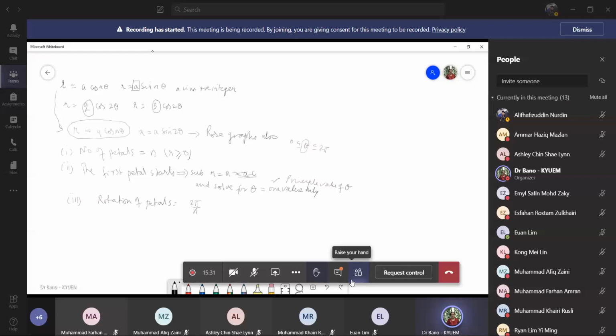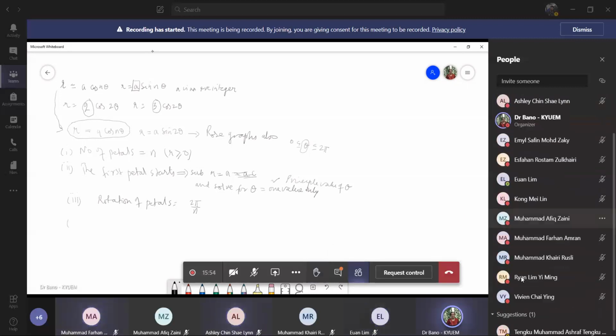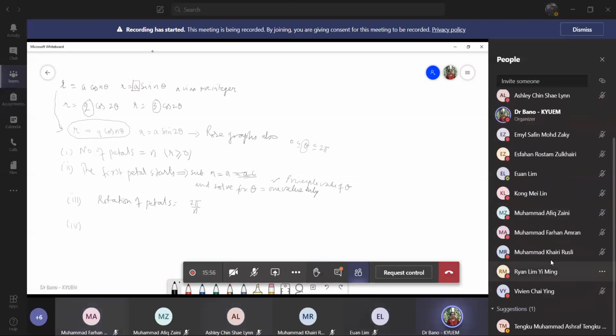If n is 3, it is 120. If n is 4, that will happen there. So this will determine the number of petals and the spacing from the first petal to the second, second to third, third to fourth. Is this making sense? Yes. Okay.